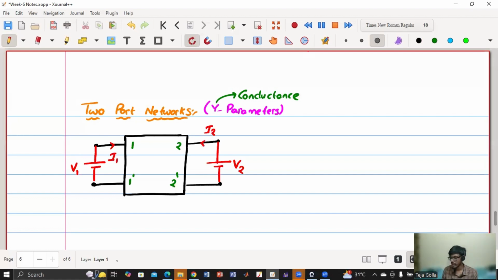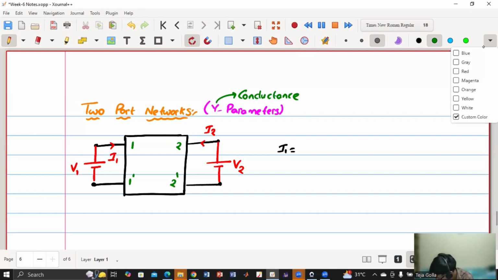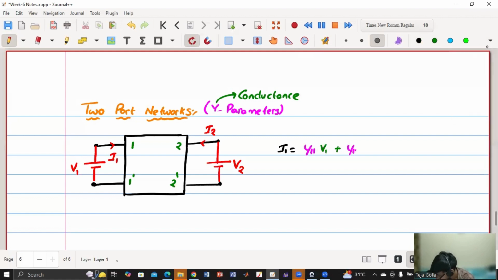So now if I write currents in terms of voltages, I can write I1 is equal to Y11 into V1 plus Y12 into V2. Similarly, I2, because it's a linear circuit, can be written as a linear expression.